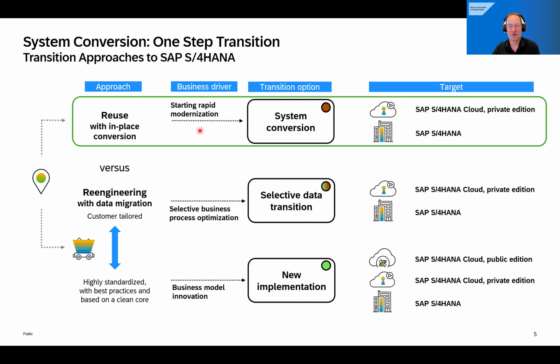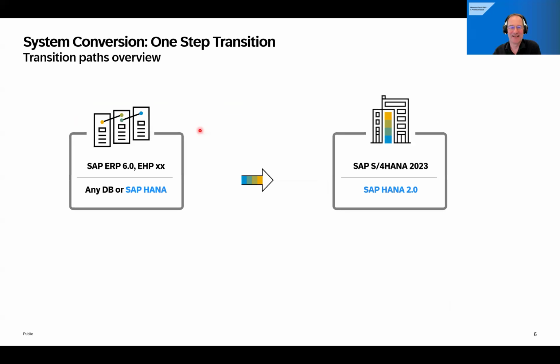This is my summary of the 3 transition scenarios. So we start with an SAP ERP 6.0 system. If your source system is an SAP ERP 6.0 system, and the enhancement package level is not relevant, then it is possible to execute the conversion to SAP S/4HANA in one step.